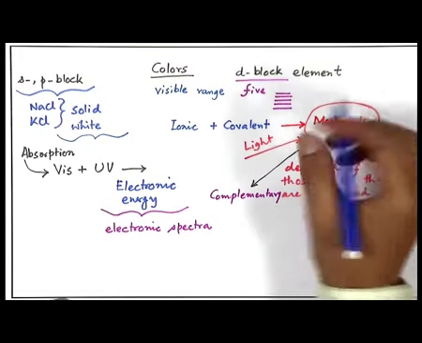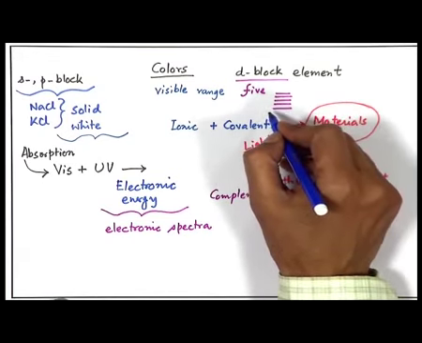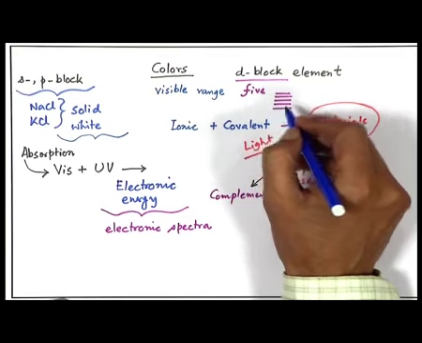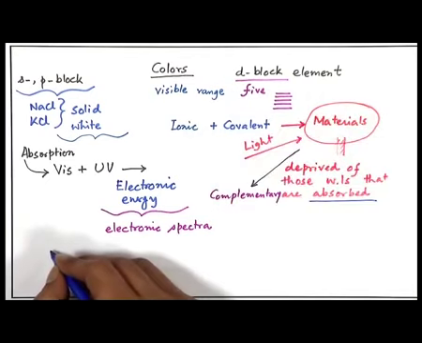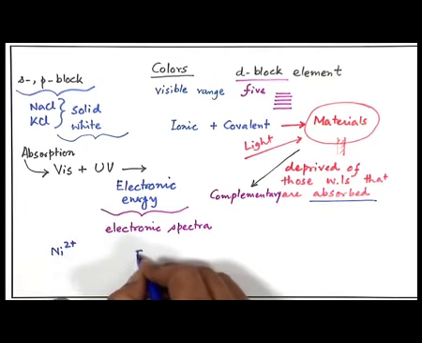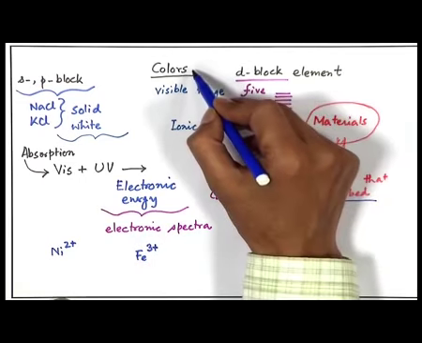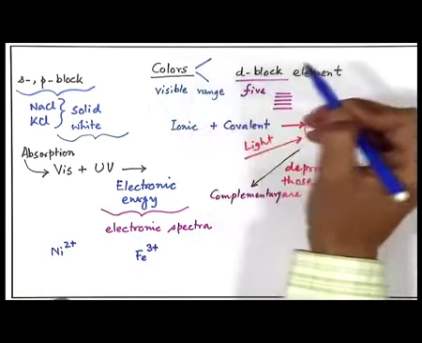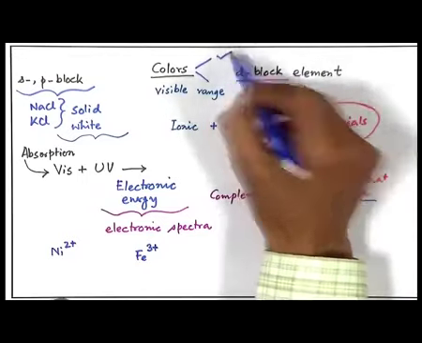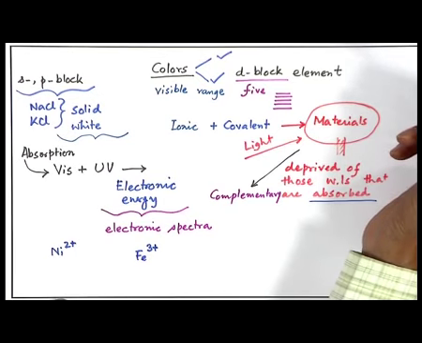But what happens if we go for a species, say Ni2+ or Fe3+ in solution? Mostly we will be looking at colors of 2 different types: the colors for the salts and the colors for the corresponding ions if we take those ions in solution.